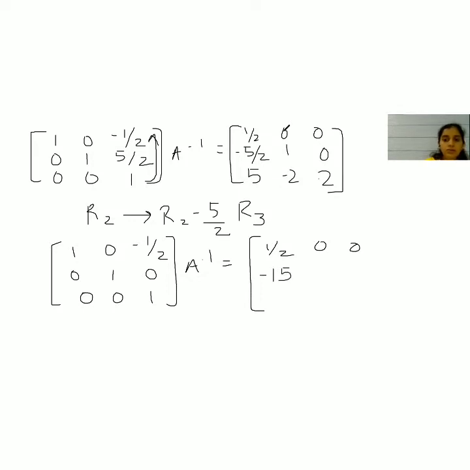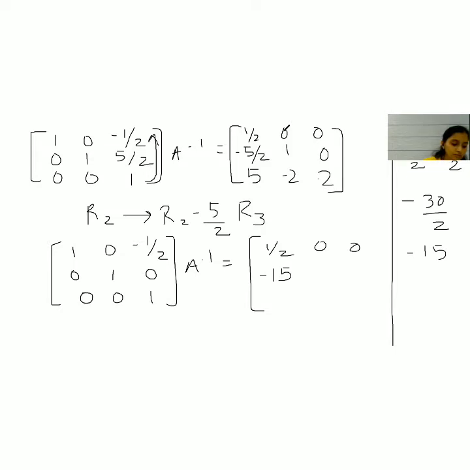What is the calculation over here? I'll just write it down. You have R2 that is minus 5 by 2, minus R3 that is 5. So minus 25 by 2. So that is minus 30 upon 2, which is minus 15.